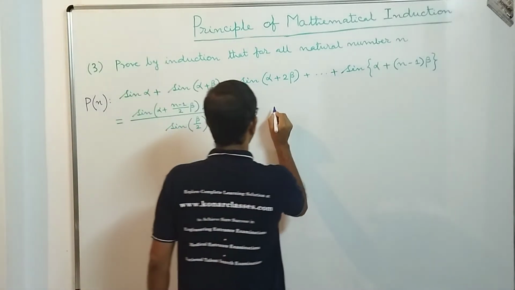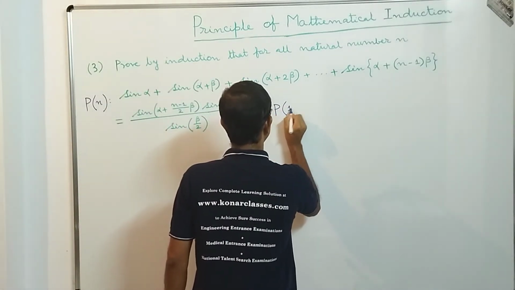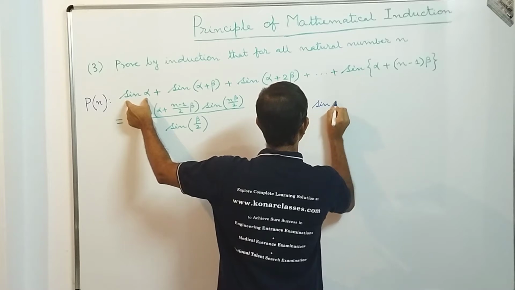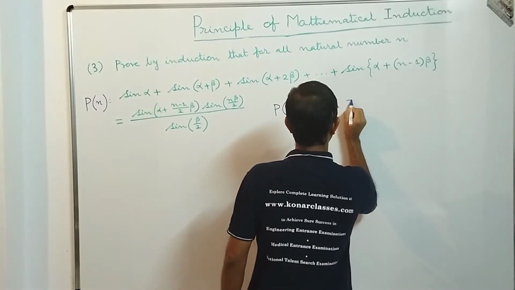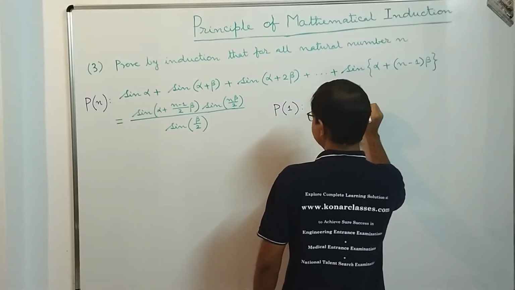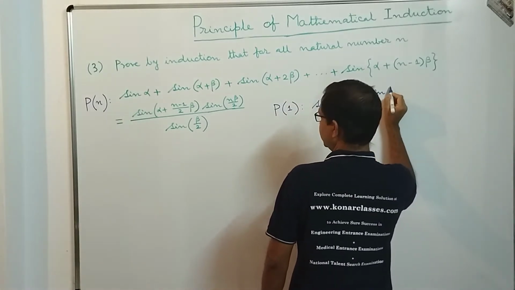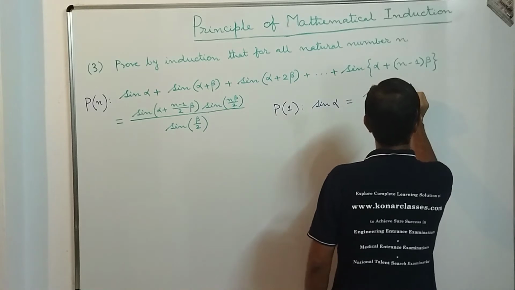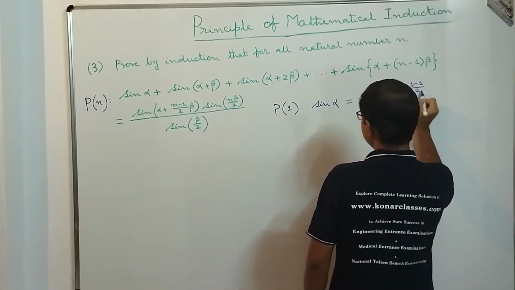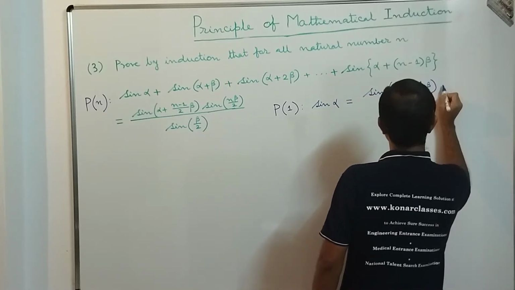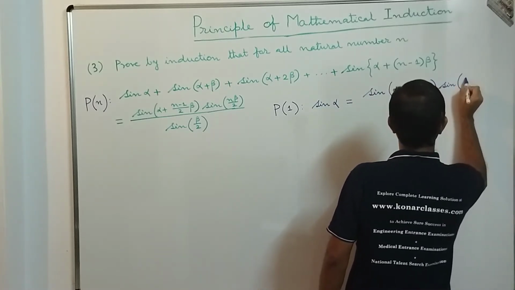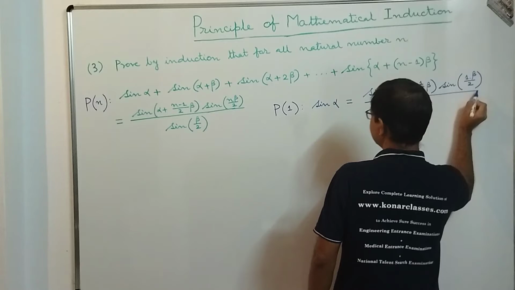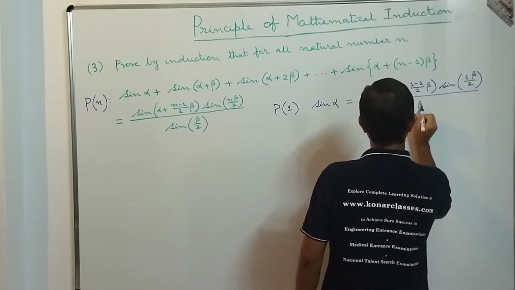So what is P1? P1 stands for this statement: from the left hand side we get only sin alpha, and in the right hand side we get sin of alpha plus 1 minus 1 by 2, that means 1 minus 1 by 2 into beta, into sin 1 into beta divided by 2, divided by sin beta by 2.